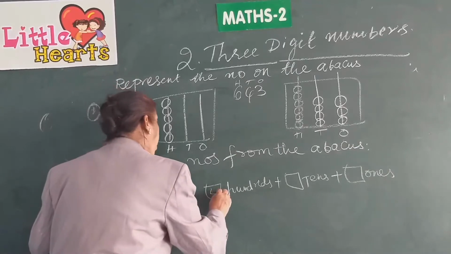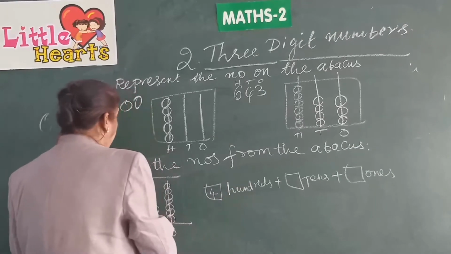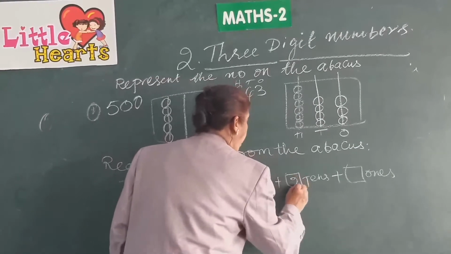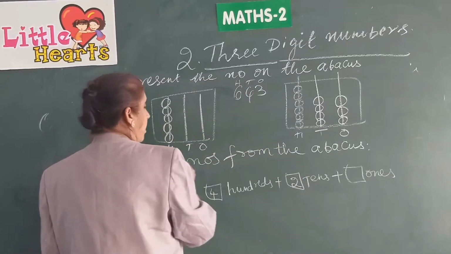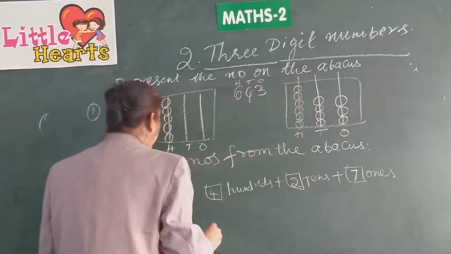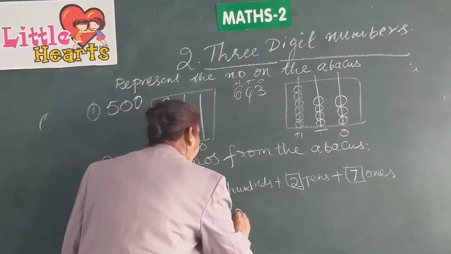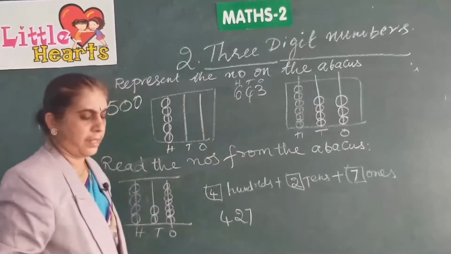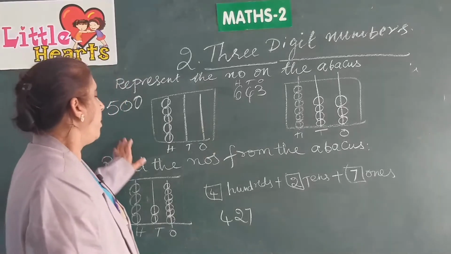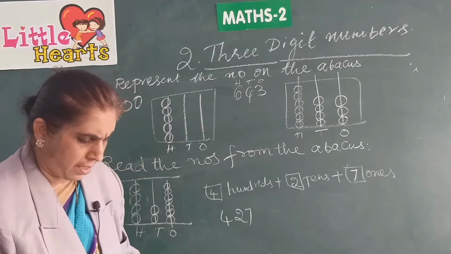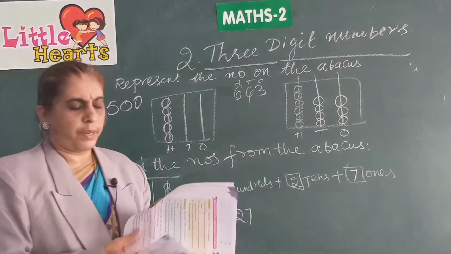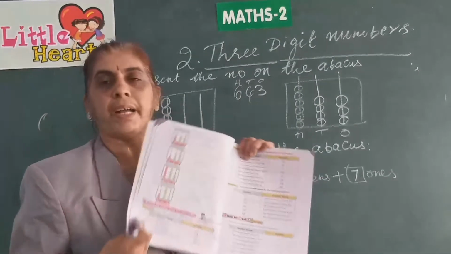It is 4. 4 hundreds. How many tens? 2 tens. And how many ones? 7 ones. The number is 427. In this way, you can complete the exercises in the page numbers 23 and 27 regarding abacus.